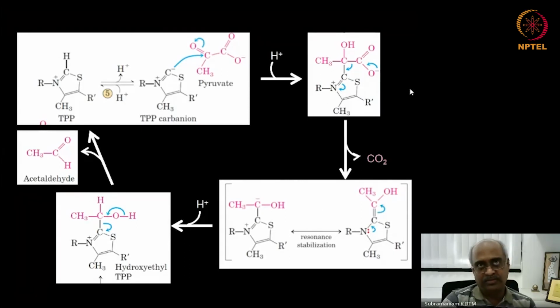So when we learned about the types of reactions, first we learned about oxidation-reduction reactions. Second, we talked about carbon-carbon bond formation or breakage. There we saw the importance of the carbonyl carbon, and we learned about aldol condensation, glycine condensation, and the third was alpha keto acid decarboxylation, and that is the example you are seeing here. Here you have the carbanion and the carbonyl carbon, the positive carbon, and that results in decarboxylation of this alpha keto acid.